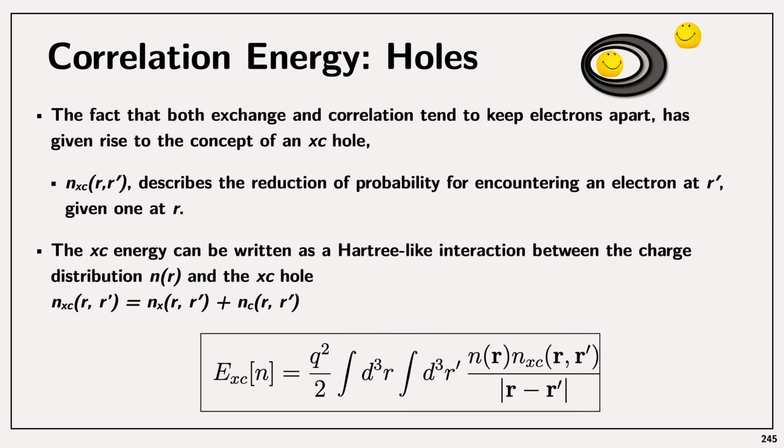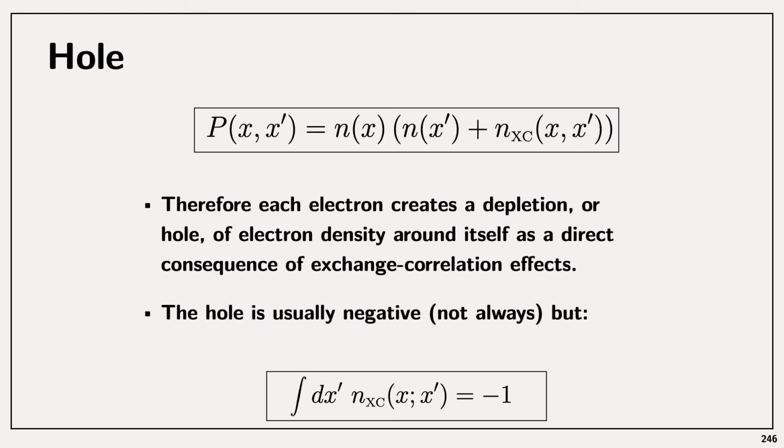The corrections to the exchange correlation will now be given by this equation in the black box, which is very different from Hartree-Fock, because instead of using n(r) times n(r'), we have n(r) times the hole, so an interaction with the hole. Okay, so that's nice. So we see that on average, the exchange correlation hole integrates to -1.